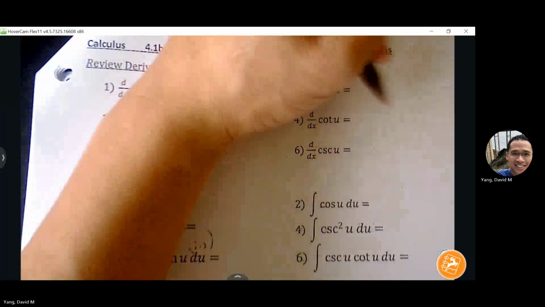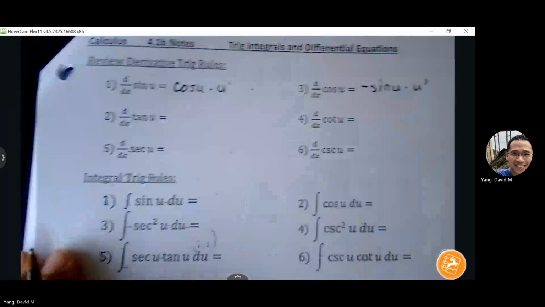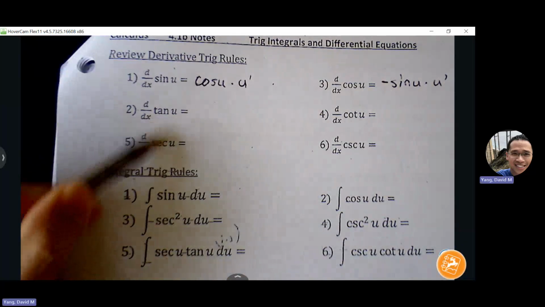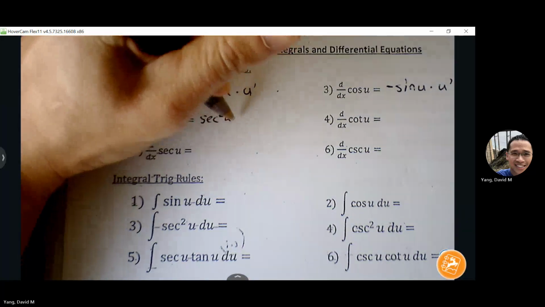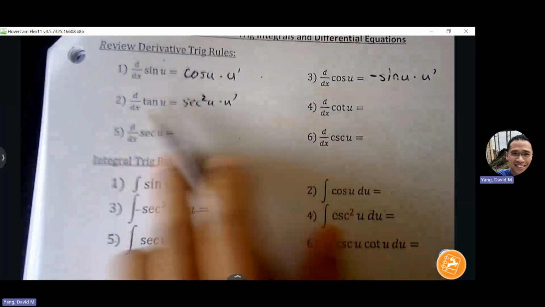Cosine's derivative. Tangent's derivative. Good. Cotangent feels a lot like all we did with tangent.